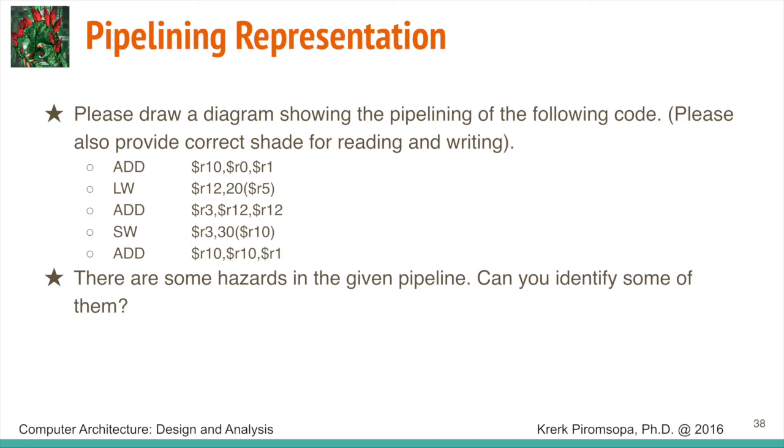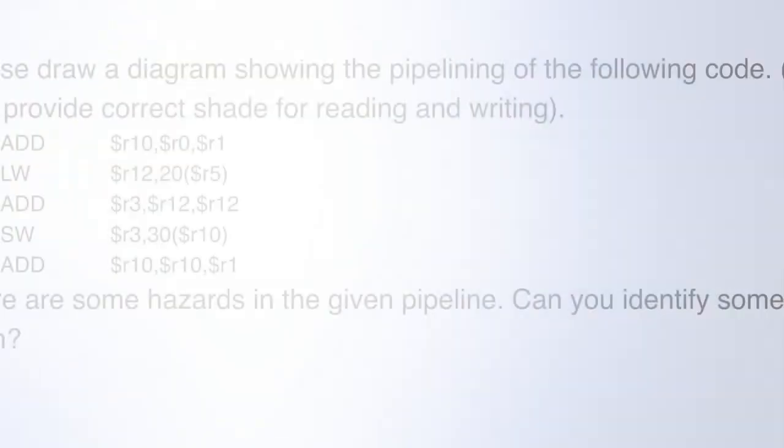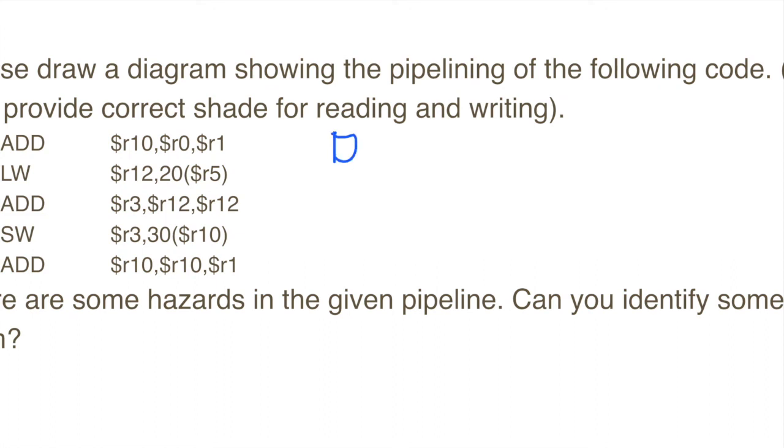Okay, let's try this one a little bit. I say I got an add instruction, load instruction, add instruction, store instruction, and add instruction. Together, 5 instructions. Can you identify whether we have some kind of hazard in this? Well, you might want to draw it a little bit.